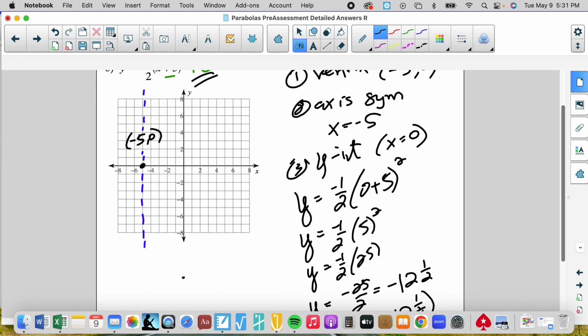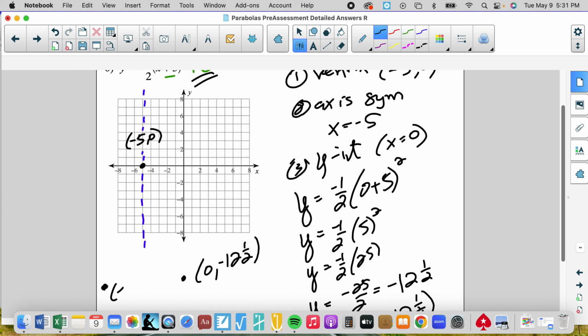That's down here. 0 for x, negative 12 and 1/2. That is 5 away from the axis of symmetry, so I'm going to go 5 in the other way. And that's going to take me to negative 10.